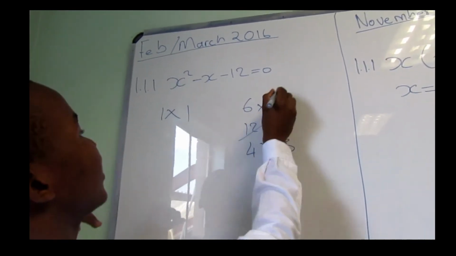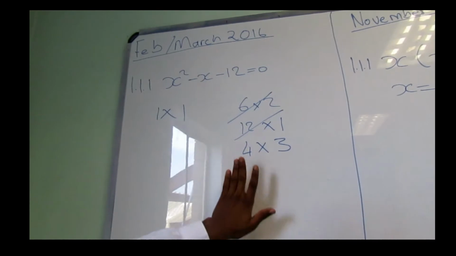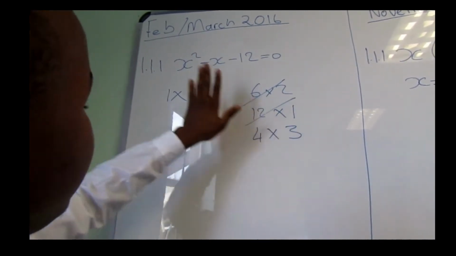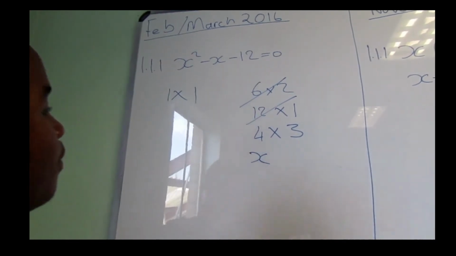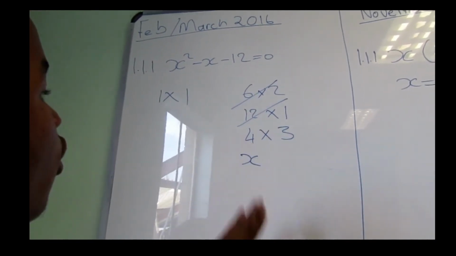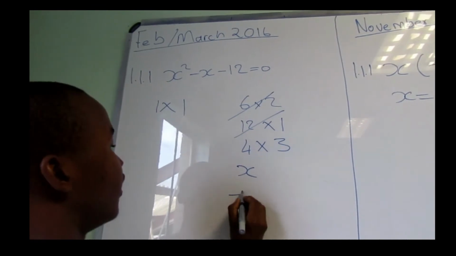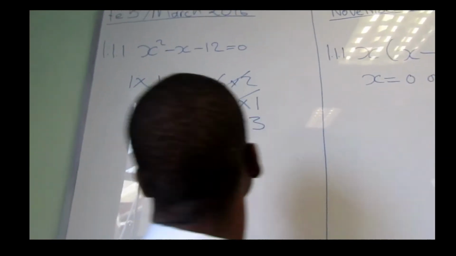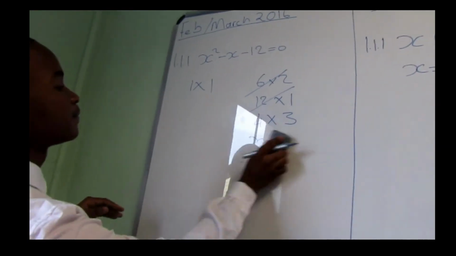We cancel these. Then we come here and say 4 times 3 is 12. 4 minus 3 is x, but 3 minus 4 is negative x, which is what we have here. Then we are going to take 4 times 3.